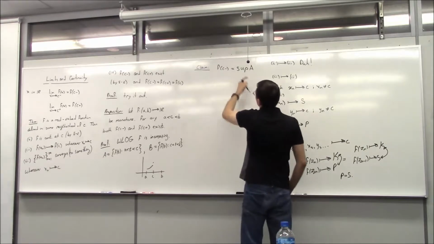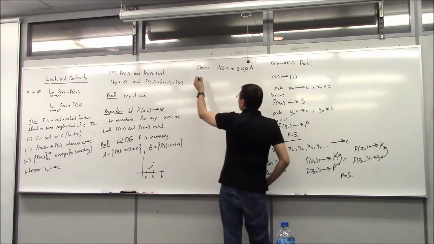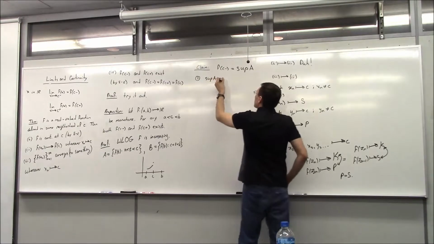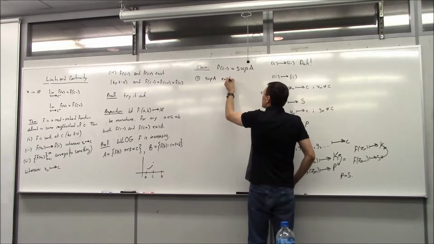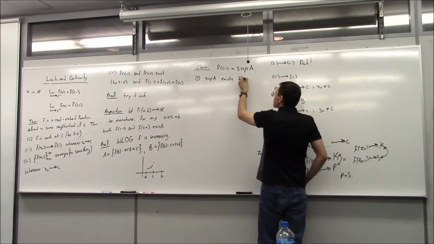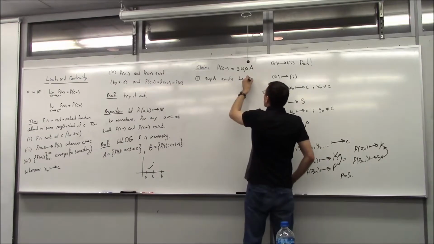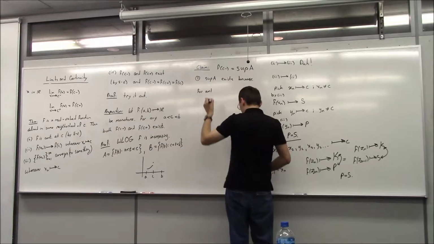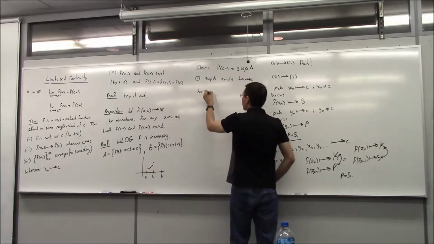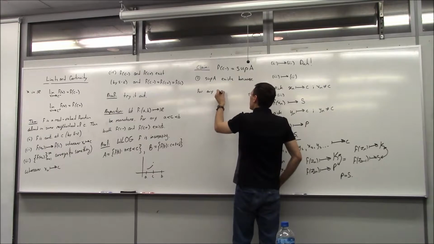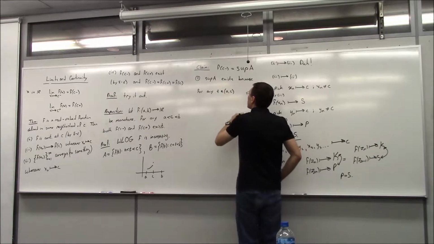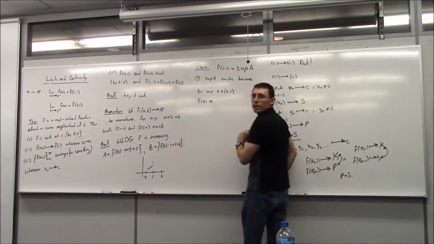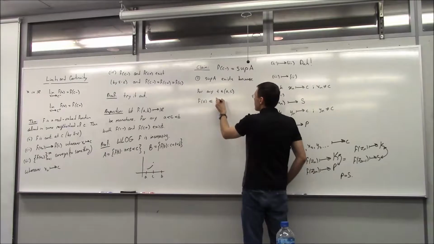Now, how do I know that this is the case? Well, first of all, the supremum of A exists because for any t belonging to the interval AC, f of t will be less than or equal to f of c, because the function is increasing.